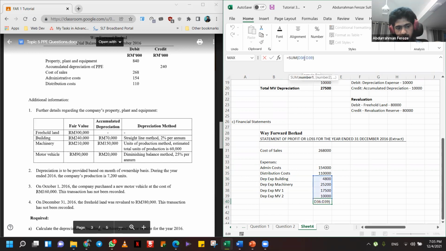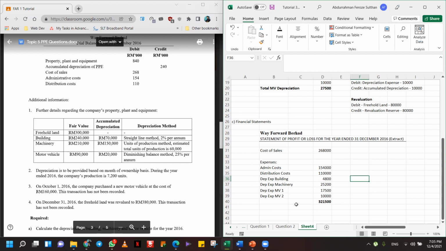That's 334. So basically, we're supposed to put the admin costs and distribution costs or not?